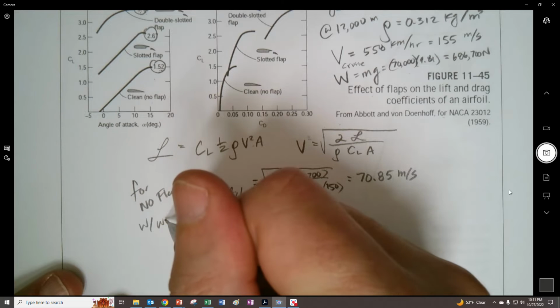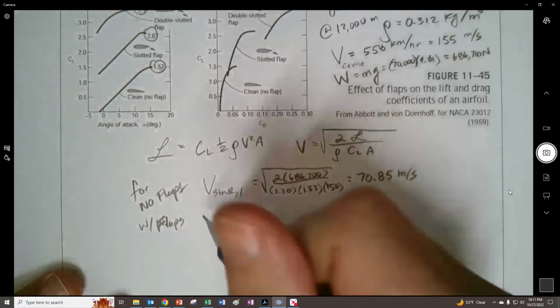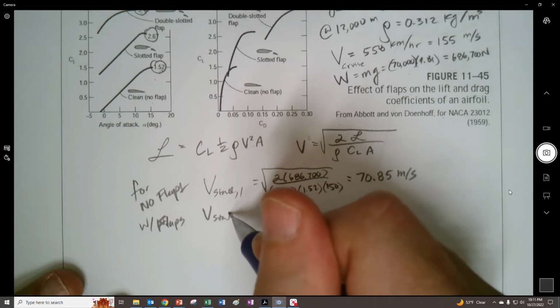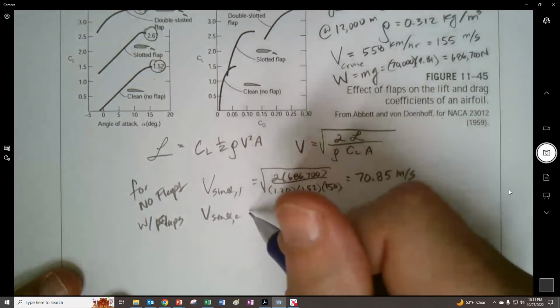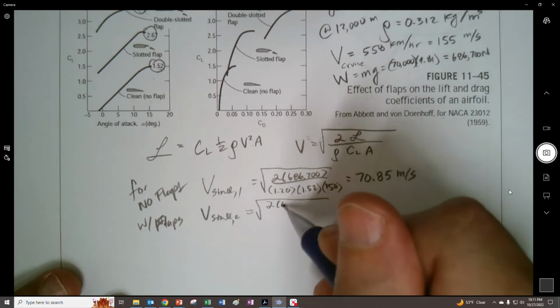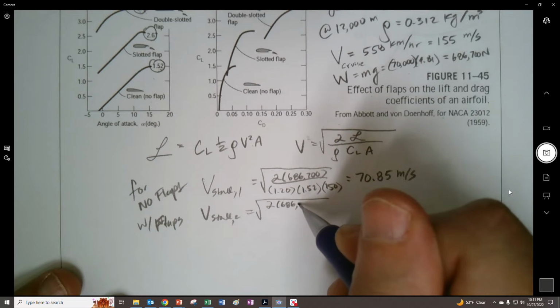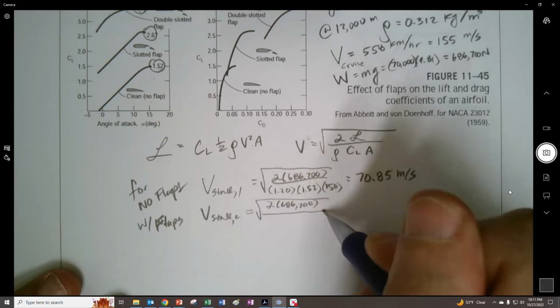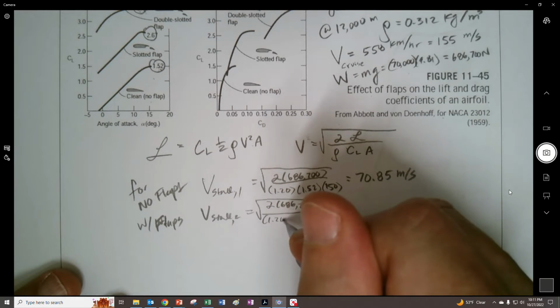So with flaps, we'll have V stall 2 equal to the square root of 2 times 686,700 divided by 1.2.